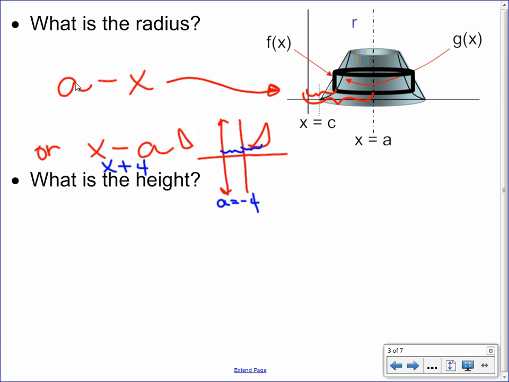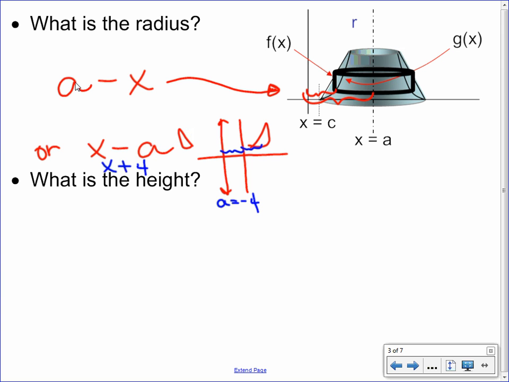So the negative is the absolute value of this, but we don't know how to integrate an absolute value, so it has to become 4 plus x. And we'll do an example of each. Okay, so don't panic.